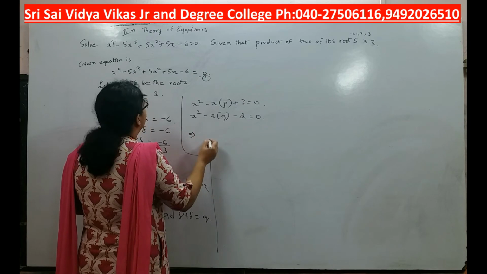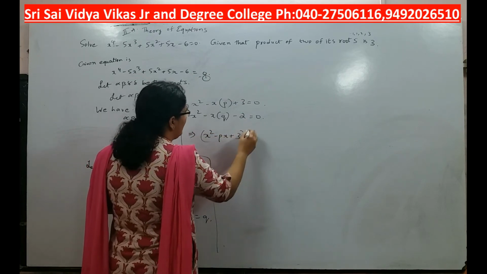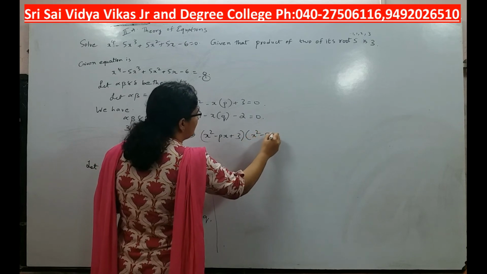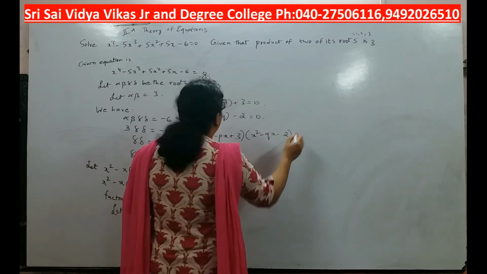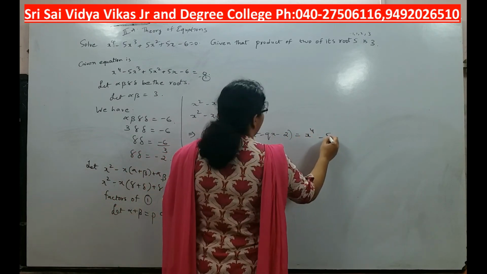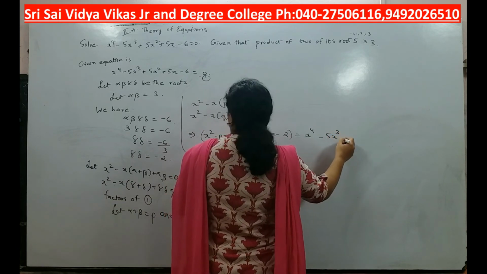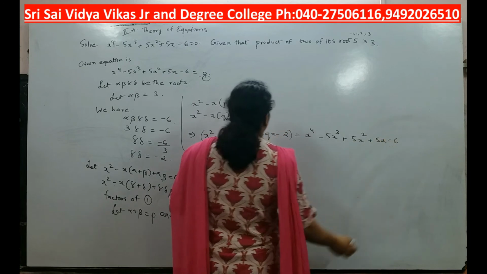This implies (x square minus px plus 3) into (x square minus qx minus 2) is equal to x power 4 minus 5x cube plus 5x square plus 5x minus 6.